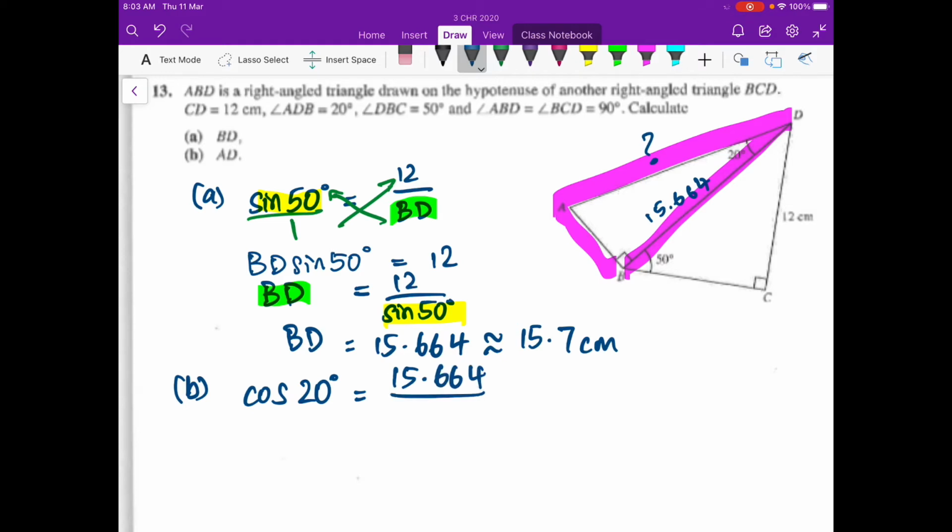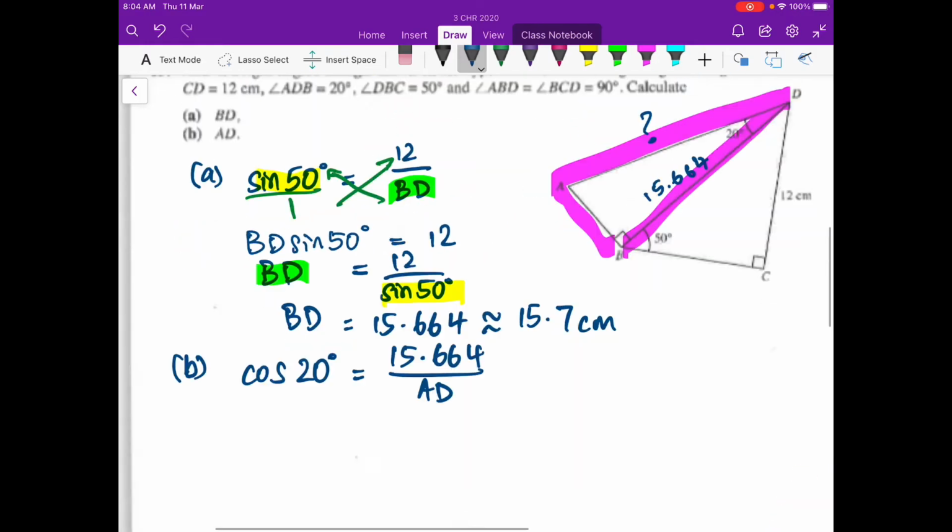And what is the hypotenuse? AD, correct. 15.7 will be inaccurate. Yeah, sometimes it's the same, sometimes it's not the same. But you cannot round off in the middle and then use the not accurate answer to carry on with your working. You have to use as accurate as you can. Then final answer, round off.